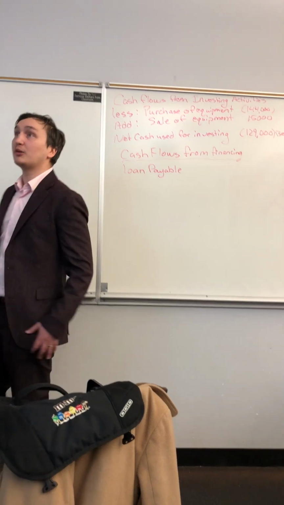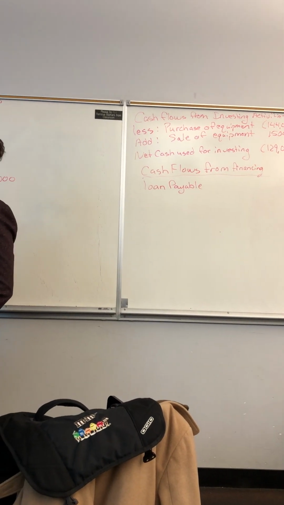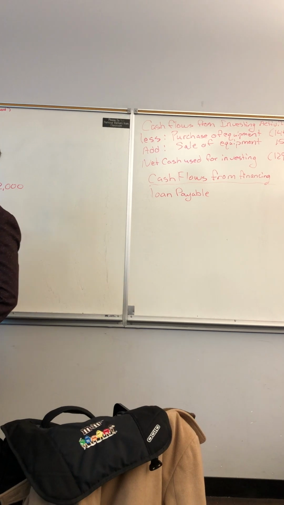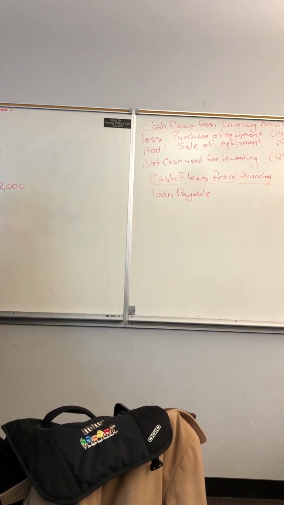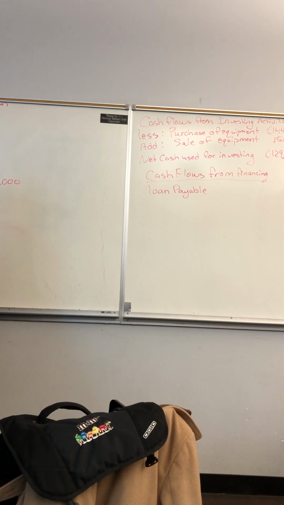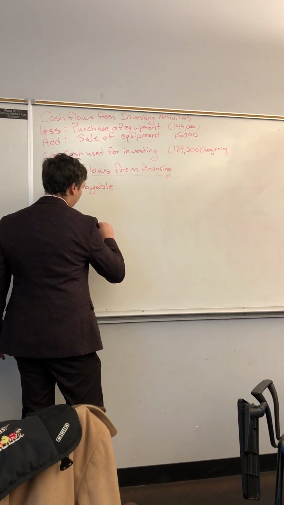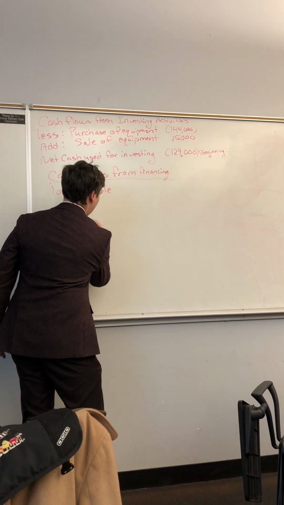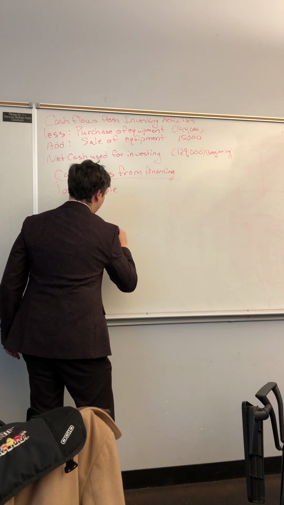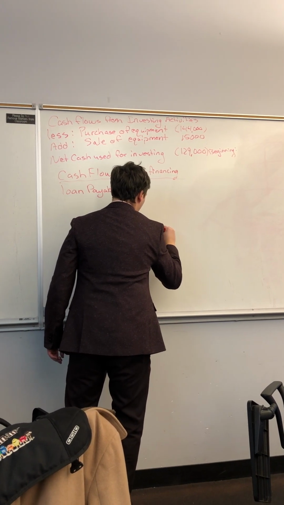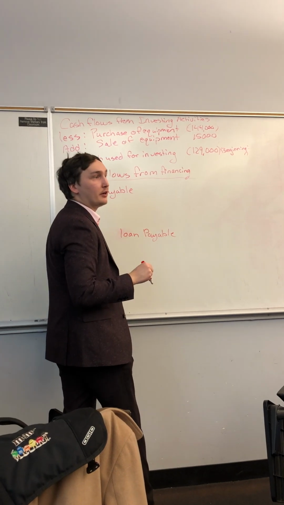So what's going on with the loan? Loan payable goes from 125,000 to 108,000. That's a decrease. Think of the journal entry here. If we're decreasing the loan, we can debit loan payable, and what would we credit if we paid it off?